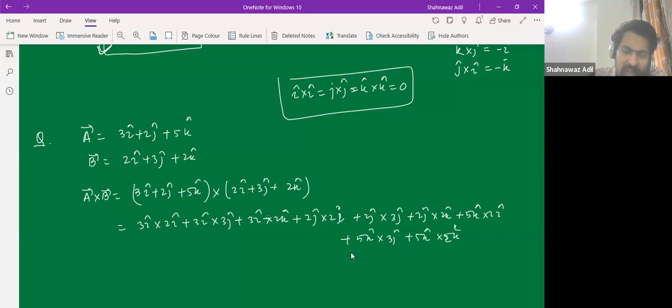So which are the terms which will not survive? This one, this one, this one. These will contribute to zero. I cross i, right guys?